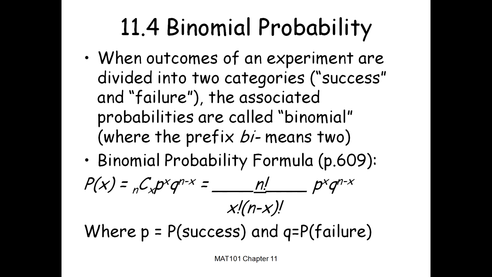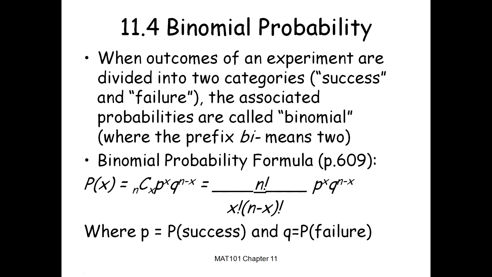The binomial probability formula is given here and is also on page 609. Now, don't be too alarmed about the binomial probability formula, because what we have here is the probability of some event X occurring.